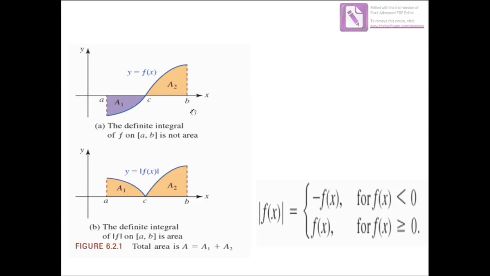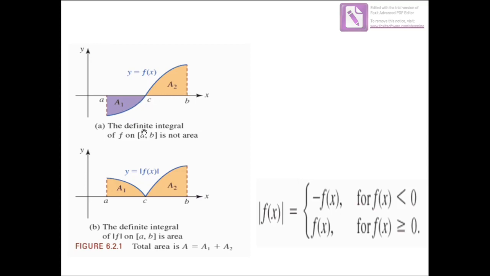So for example here, if we want to evaluate the area between the graph of y equals f of x and the x-axis on the closed interval a to b, and we write the integral of f(x) where x is from a to b, it will be the net signed area. It will be A2 minus A1.